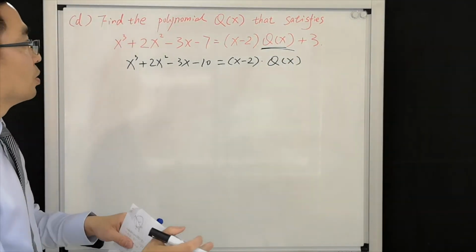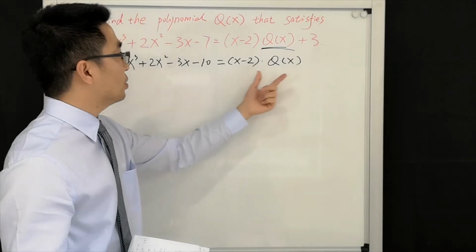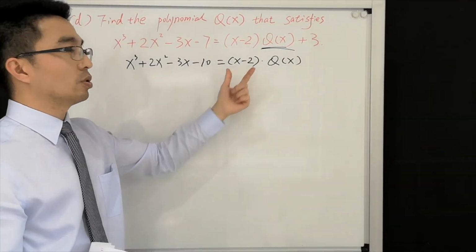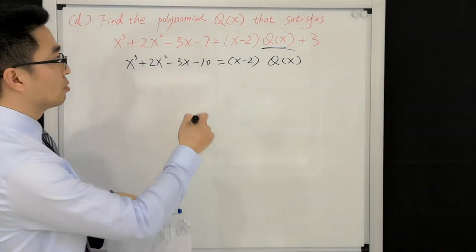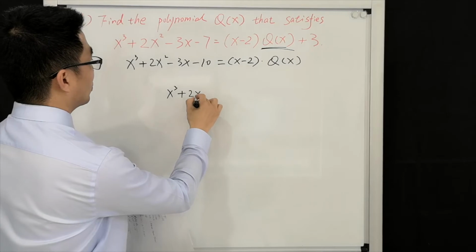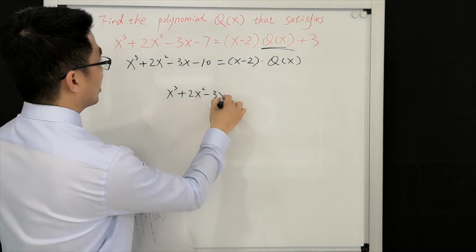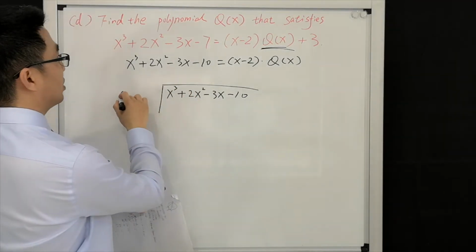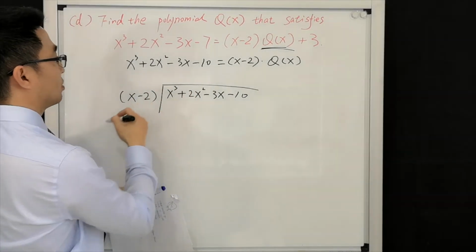So Q(x) equals the left hand side divided by x minus 2: x cubed plus 2x squared minus 3x minus 10 divided by x minus 2.